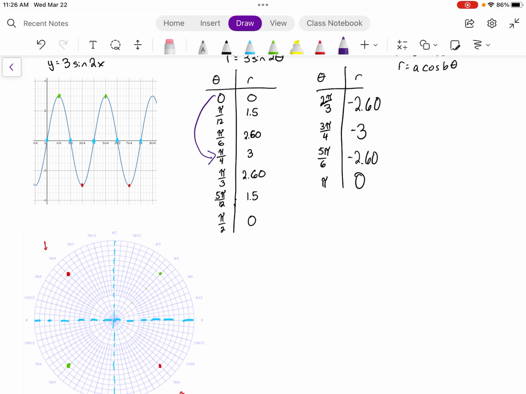If we look at the xy graph, it's getting big fastest close to the origin, and then it increases at a slower rate. So if we pencil in these points, pi over 12 and 1.5 will be out here. Pi over 6, 2.6, that's all the way out here already.